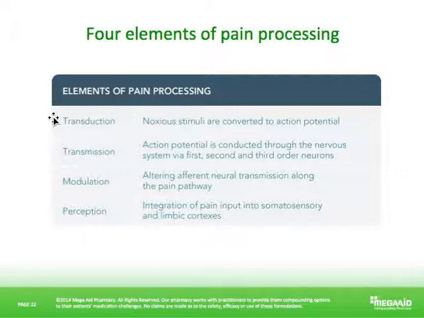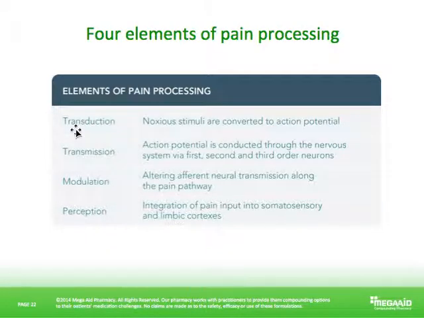And that's done via action potential, or via transmission of electrical potential from the peripheral nervous system to the central nervous system. So during transduction, the first stage of pain processing, the stimulus is being converted to an electrical potential so that the signal can be transmitted to the brain.